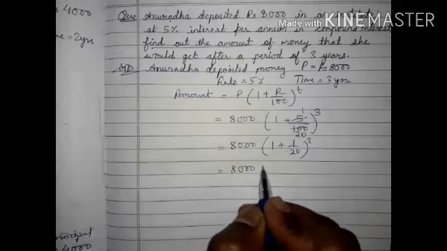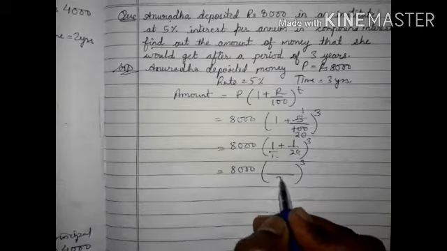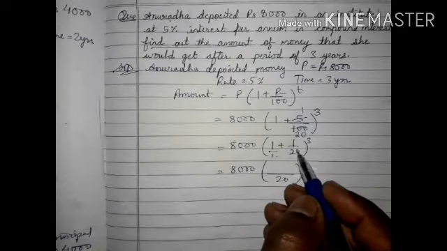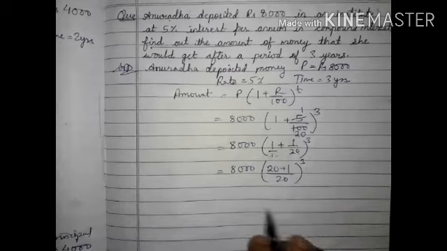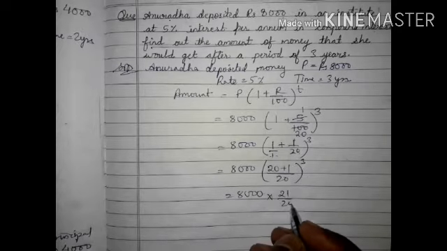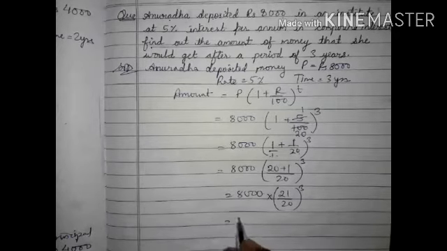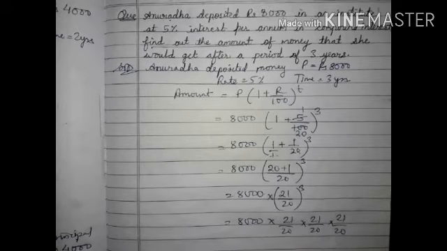Here LCM is 20. Now cross multiply, 1 multiply by 20, 20 plus 1 multiply by 1, 1. So 8000 multiply by 21 upon 20 power 3, that is 8000 multiply by 21 upon 20 multiply by 21 upon 20 multiply by 21 upon 20.